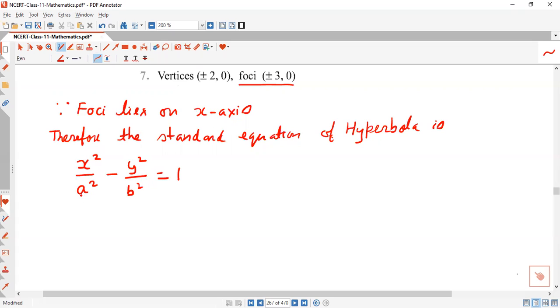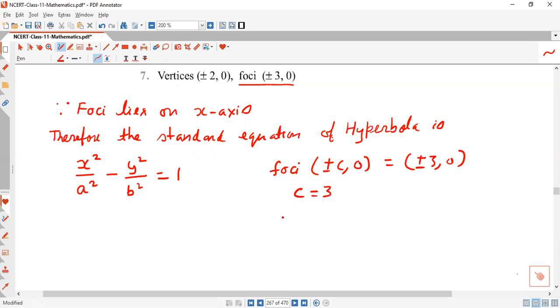Now we have to find out the value of a square and b square. So foci is given to you. Foci, you know, is plus minus c comma 0. And it is given you plus minus 3 comma 0. So c equal to 3.